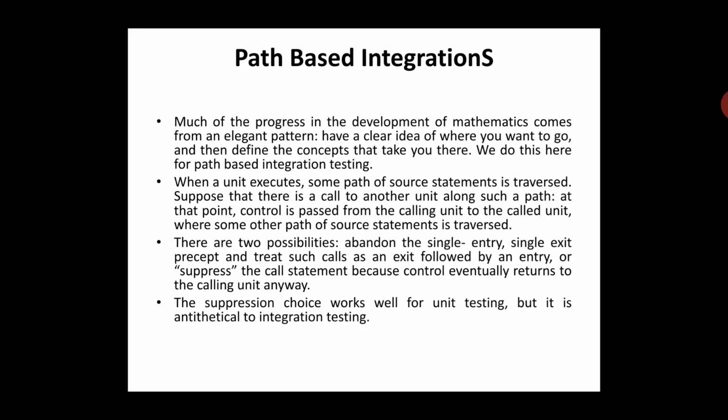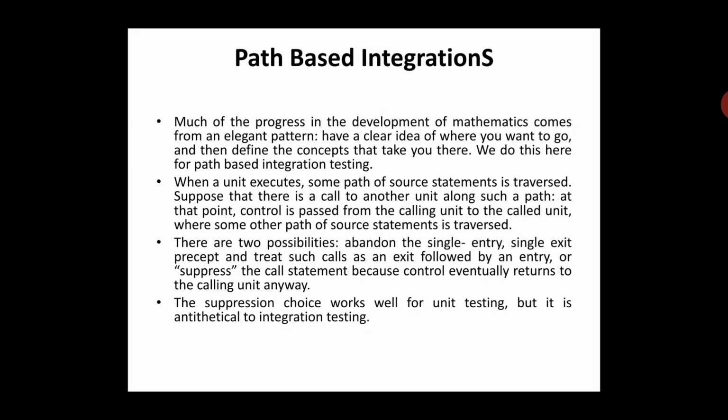Of course, when there is a sequence of execution flows from one point to another, if there is any calling statement from one module to another module, of course there is a diversion of flow from that particular module to the called module, where some other path of source statements is traversed. Okay, this is the basic concept.